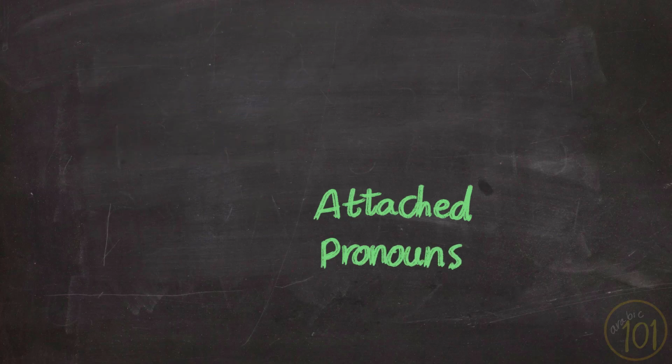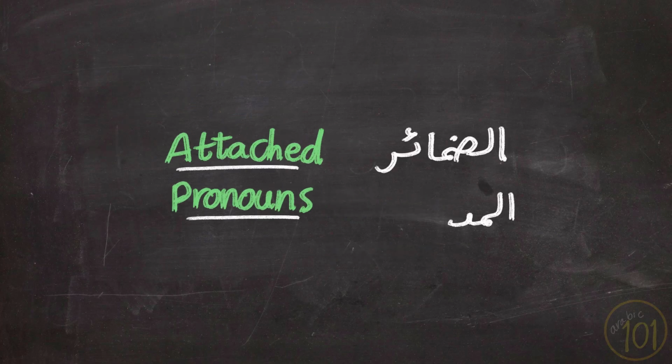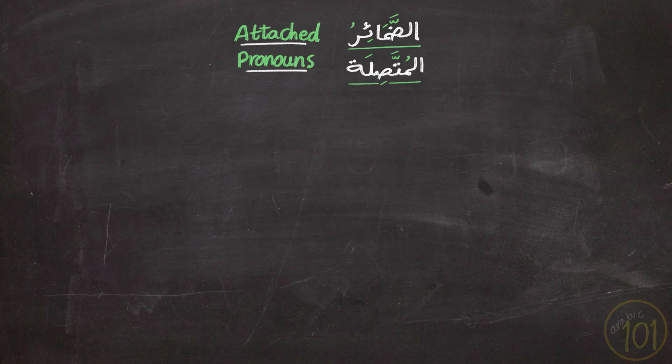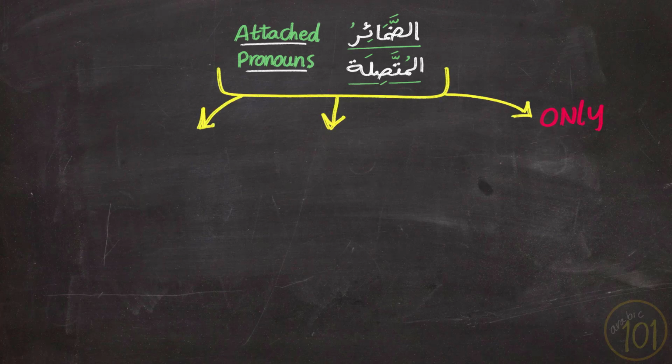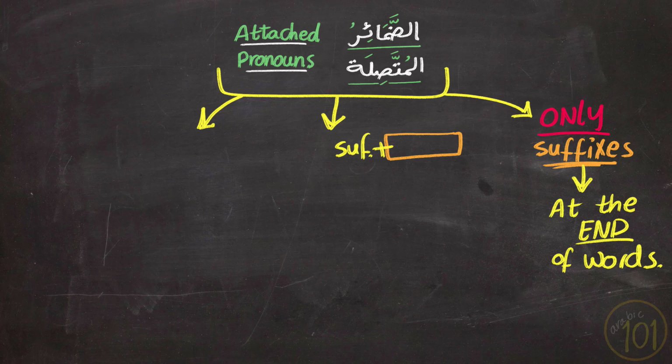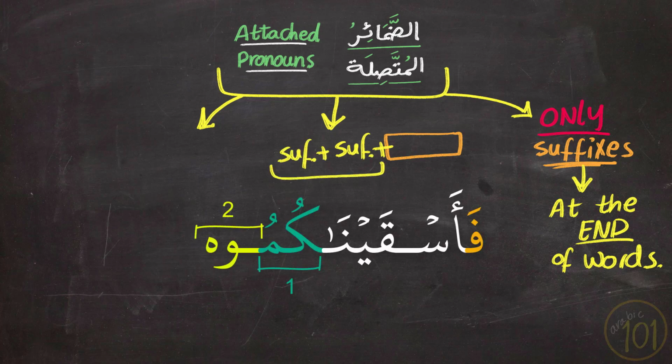Attached pronouns in Arabic means الضمائر المتصلة. And here are the three most important things you need to know about الضمائر المتصلة. The first thing is that in Arabic, attached pronouns only come as suffixes, which means that they only come at the end of words. Also, it is important to know that you can add up to 2 suffixes to a single word after one another.